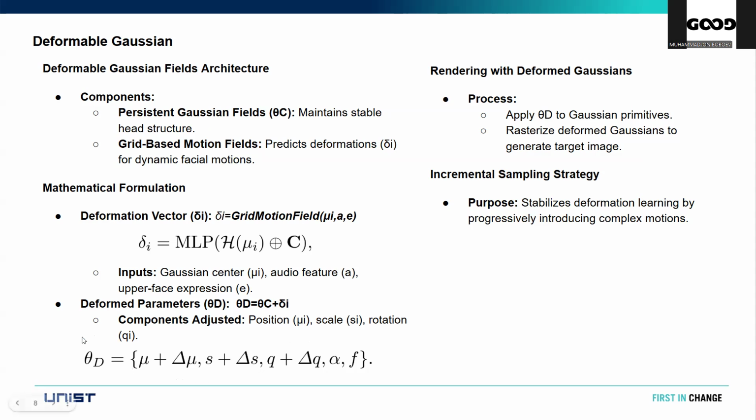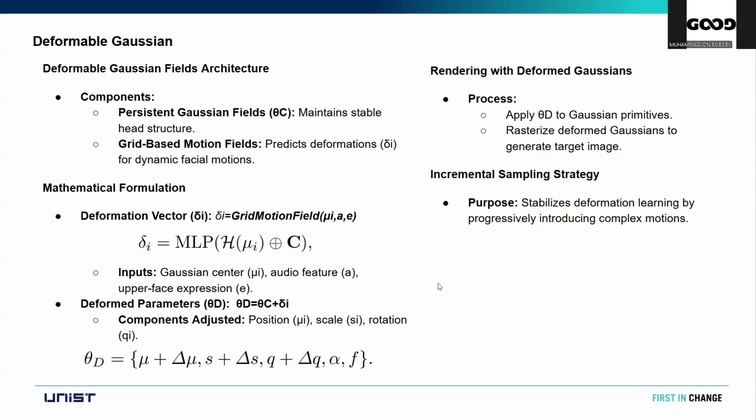So these are the deformed parameters. This is the initial position, the initial scale, and the initial rotation. So what the MLP predicts is what kind of change we need to apply to the initial position, to the initial scale value, and to the rotations. So this is the deformed parameter they try to predict using the MLP.